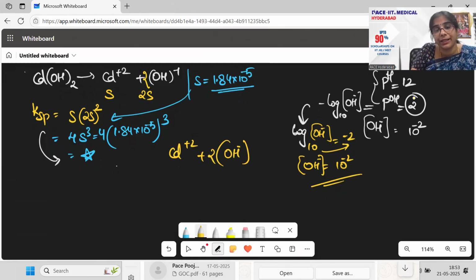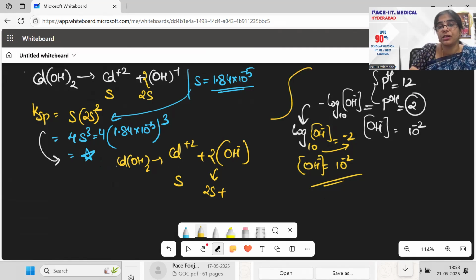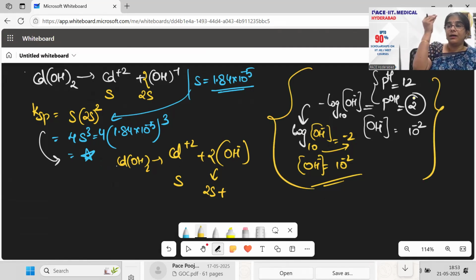Two are formed for cadmium hydroxide, so this is S, and then hydroxide, since you are putting it into water, is 2S, plus you have a buffer solution. I'm putting this cadmium hydroxide in the solution, and the solution already has OH minus, which is 10 power minus 2, so I would add that 10 power minus 2 for the OH.